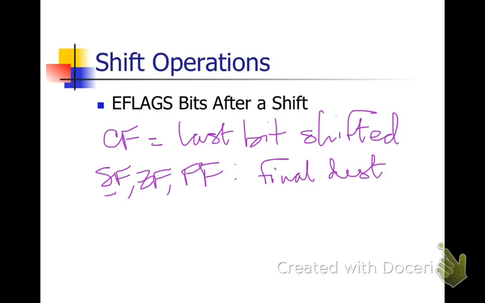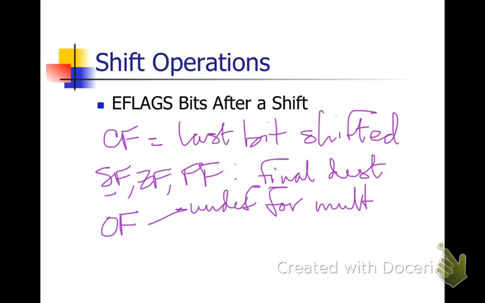Now, the overflow flag is tricky. So let's do it a couple of ways. It is undefined for multi-bit shifts. That means put a question mark if I ask. Okay?